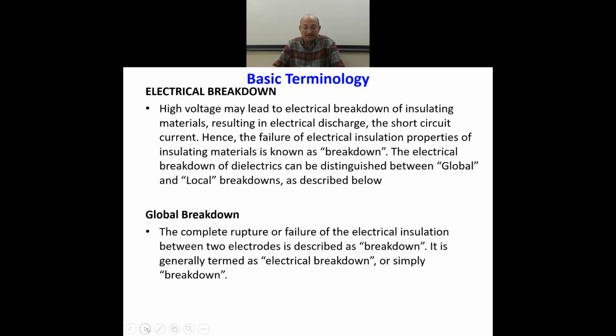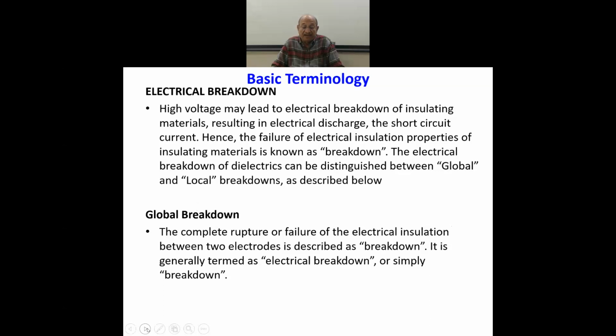That is nothing but a short circuit through the insulating material. So you can say the failure of electrical insulation properties of insulating materials is known as breakdown.